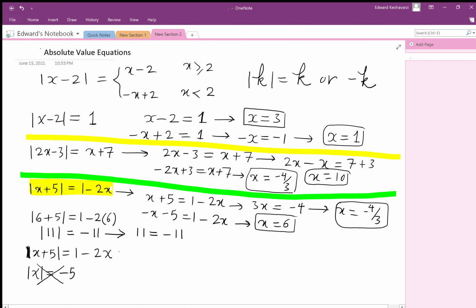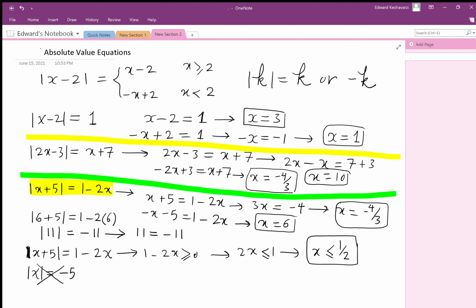This is why 1 minus 2x must be larger than or equal to 0, or 2x has to be less than or equal to 1, or x less than or equal to 1/2. It means the solutions that we get must be less than or equal to 1/2, otherwise they won't work.